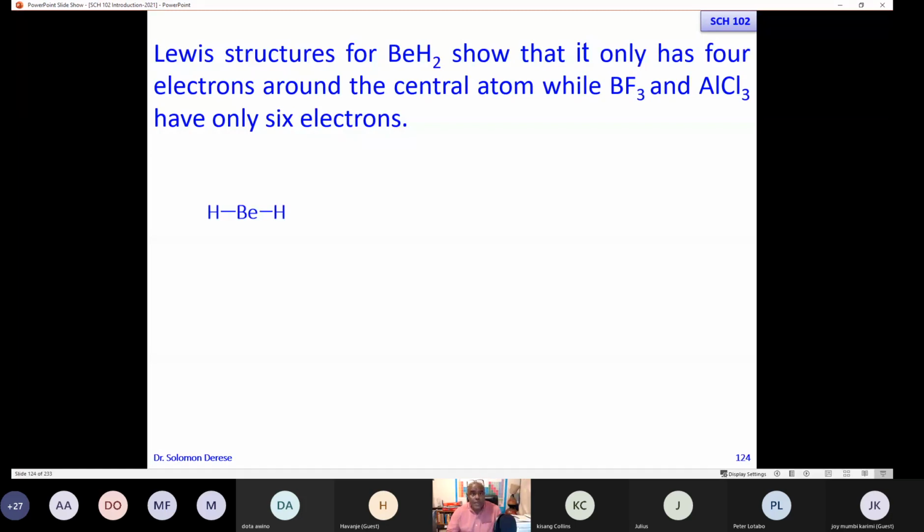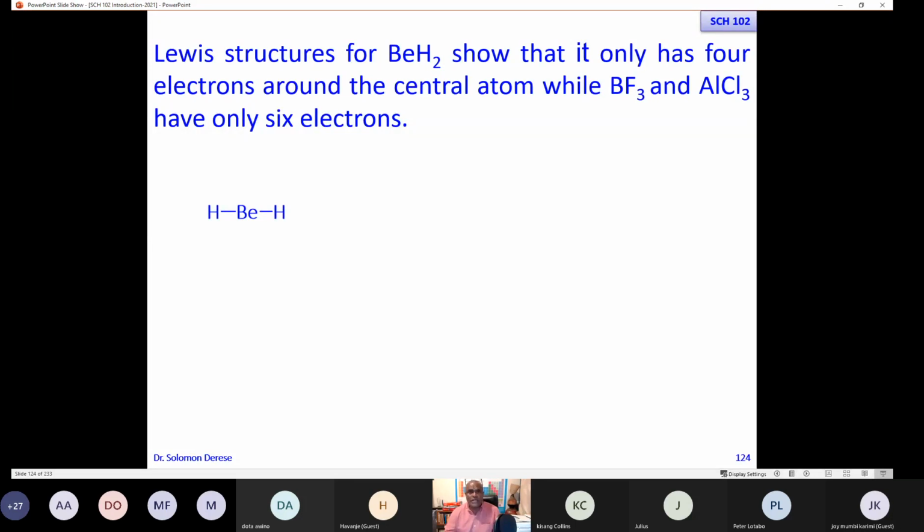Then when you look at this molecule BeH2, this molecule has got 2 hydrogens and 1 beryllium. When you draw the Lewis structure, the first thing we were told is to arrange the atoms the way you think they are bonded to each other. So we'll put beryllium in the middle, and then on the sides we will have the 2 hydrogens, the hydrogens being on the outside.